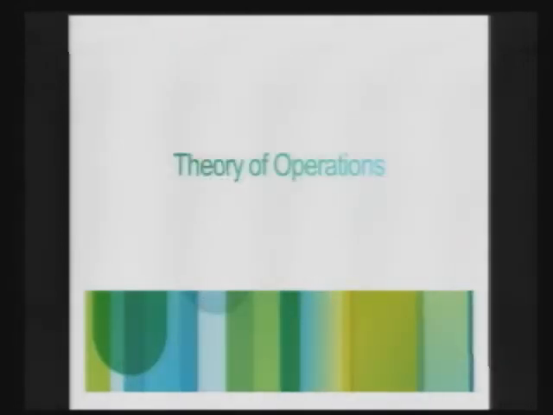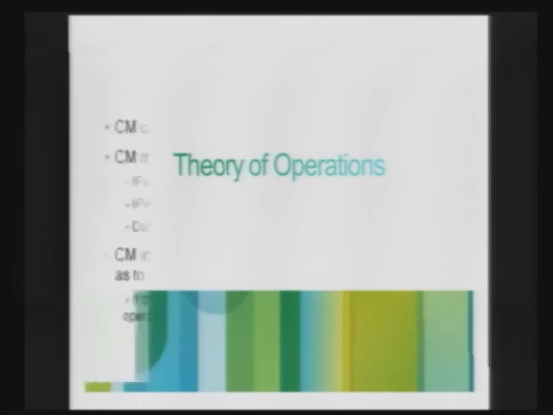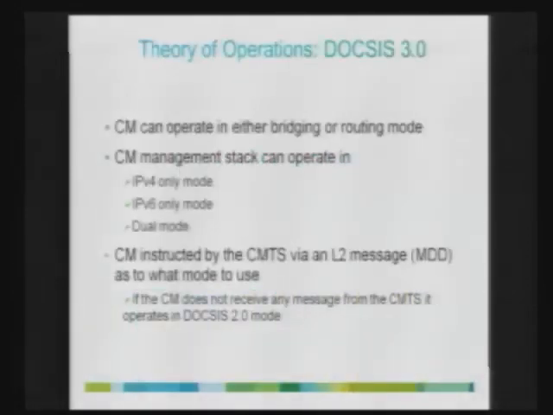Now getting into the theory of operations. CMs can operate in either bridging or routing mode. Typically the cable modems would be in bridging mode, but it is possible that the modem is in bridging mode and there is an embedded router in the modem instead of having a standalone router sitting behind the modem.